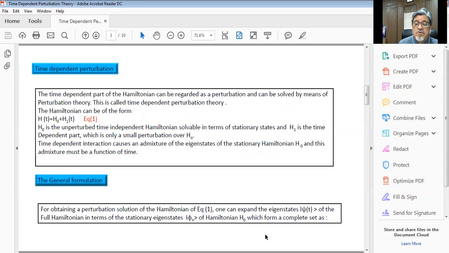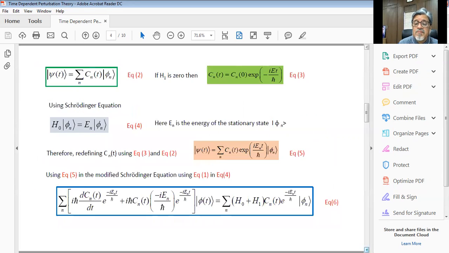So we try to see how the time-independent Hamiltonian is useful. Now ket psi(t) is equal to the summation over n of Cn(t) ket phi n. Ket phi n is the stationary state. It is not dependent on time. This is a coefficient that is depending on time because Cn(t) is a function of time.